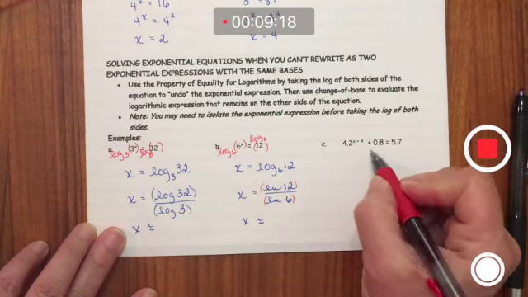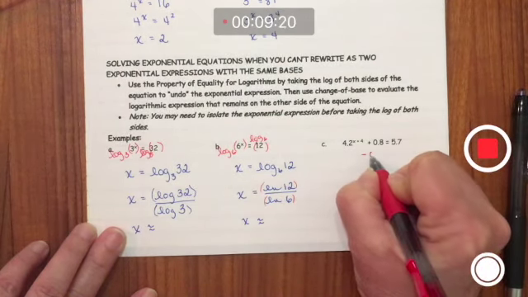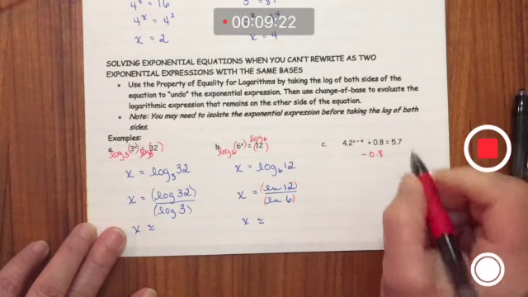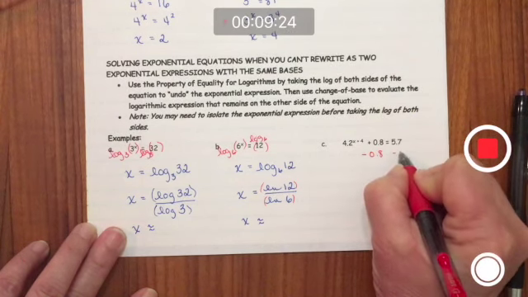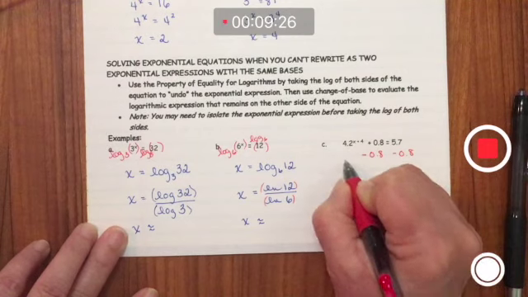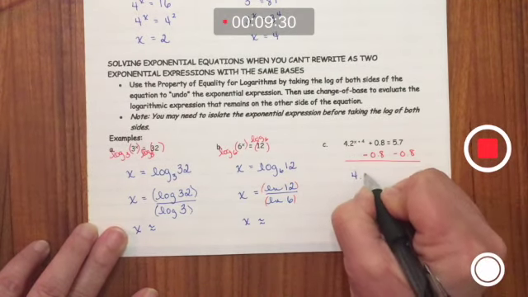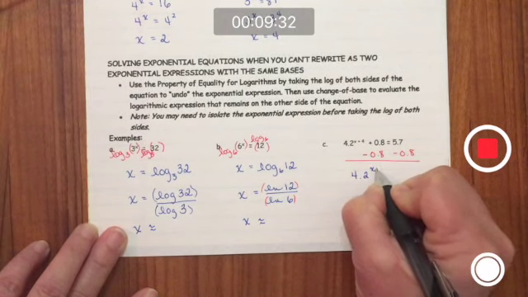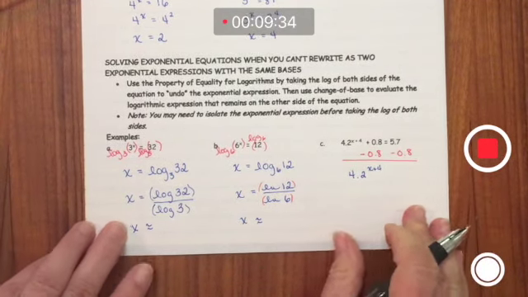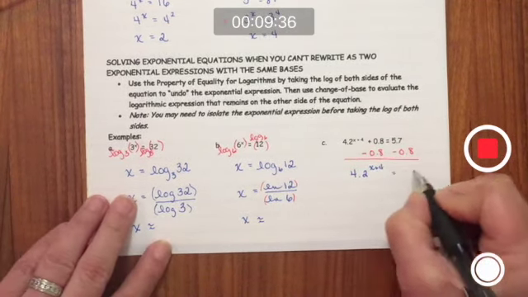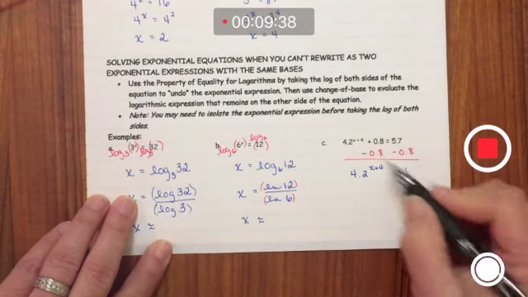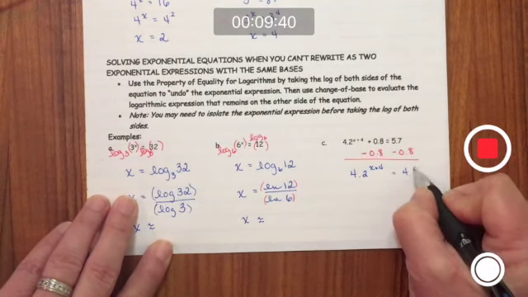So in this situation, I would subtract this 0.8 from both sides of my equal sign. And then what remains is this 4.2 to the x plus 4 on the left side is equal to 4.9 on the right side.